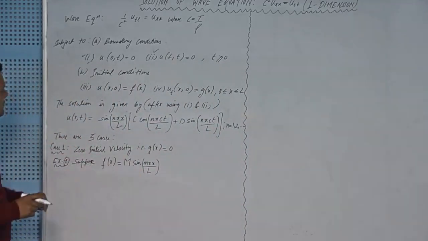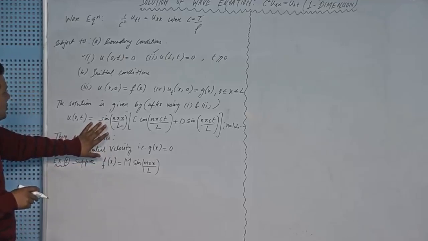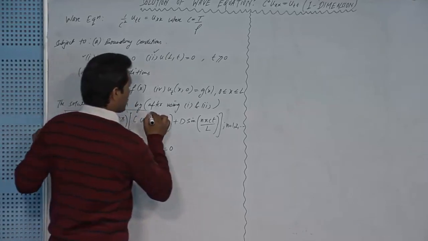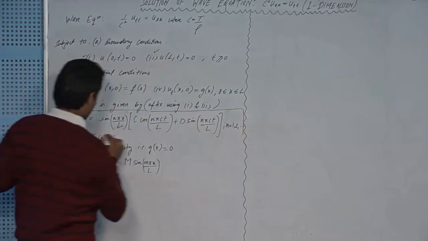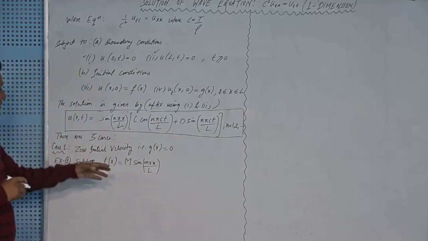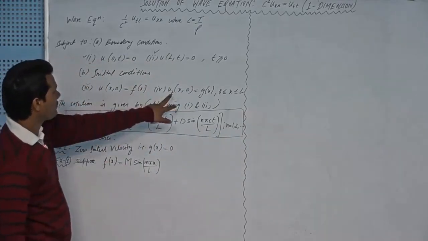Taking f(x) as this, I have to impose this condition on this solution. This is the solution, I should make a box on it. Suppose f(x) is equal to this, and obviously g(x) is equal to 0.